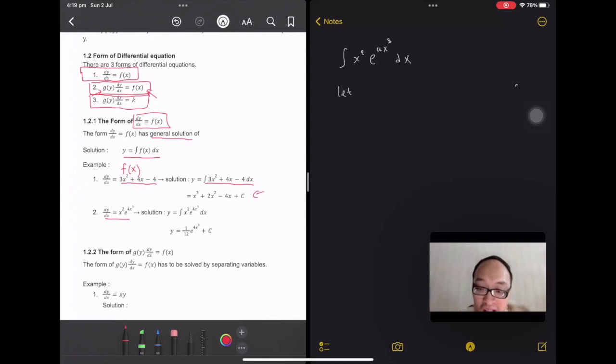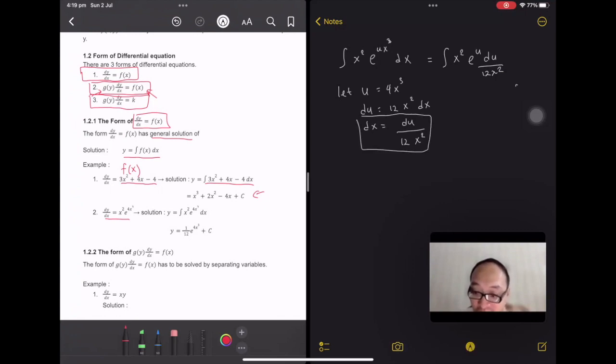We let u equal 4x cubed, so du equals 12x squared dx, and dx equals du over 12x squared. Then we can change this into the integral of x squared e to the power of u du over 12x squared. We use this to change the dx here.